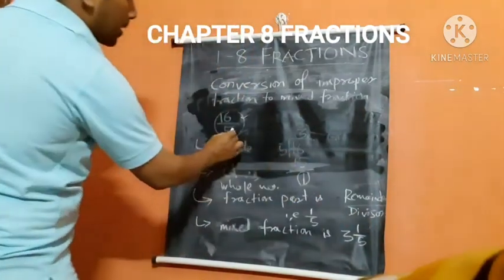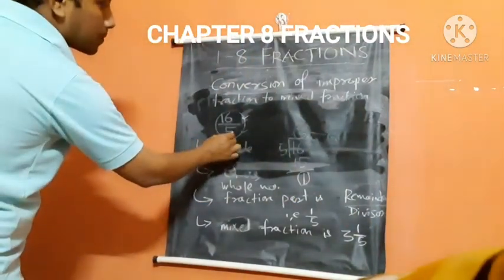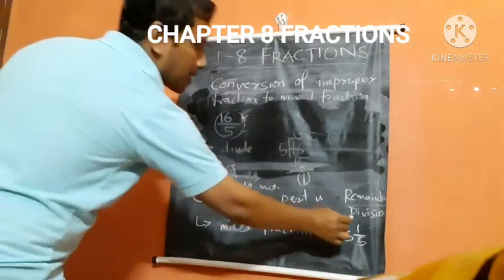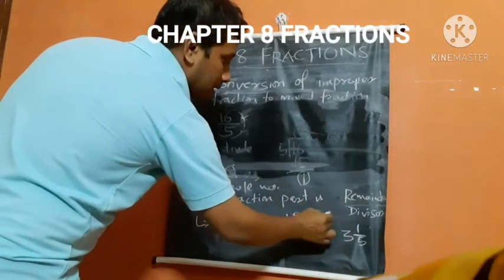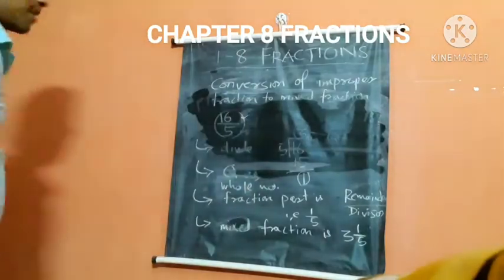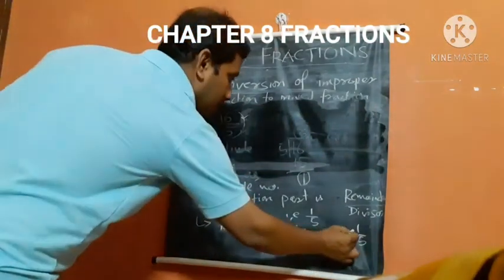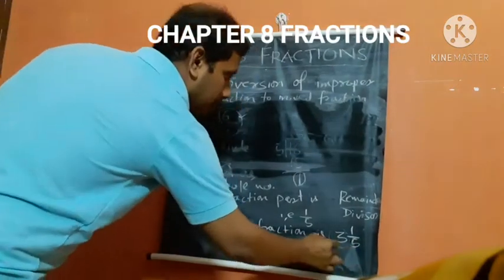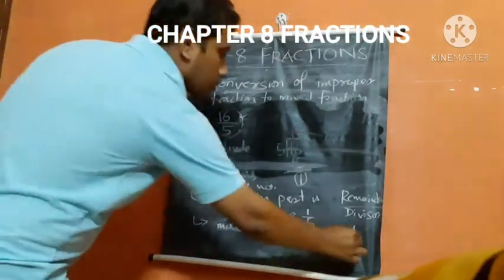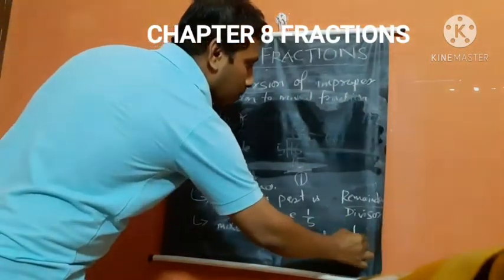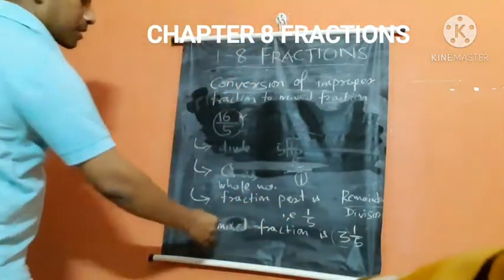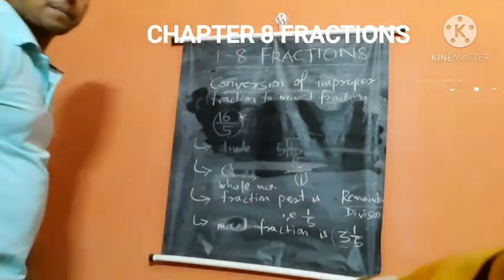So the remainder over the divisor is the fraction part. We write the whole number 3 as it is, and the fraction part 1 by 5. So the mixed fraction we got is 3 1 by 5.